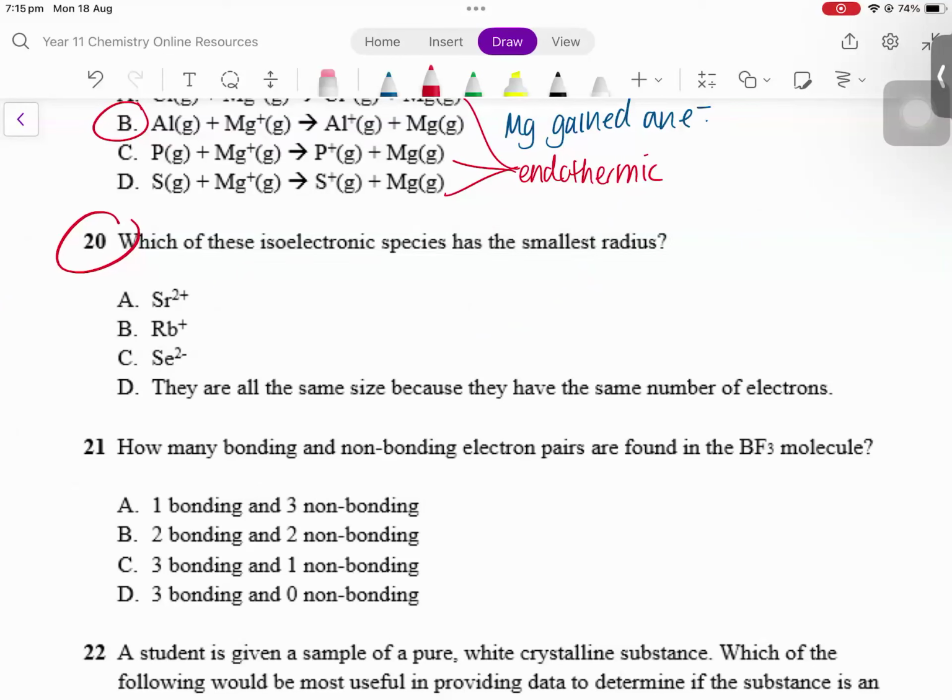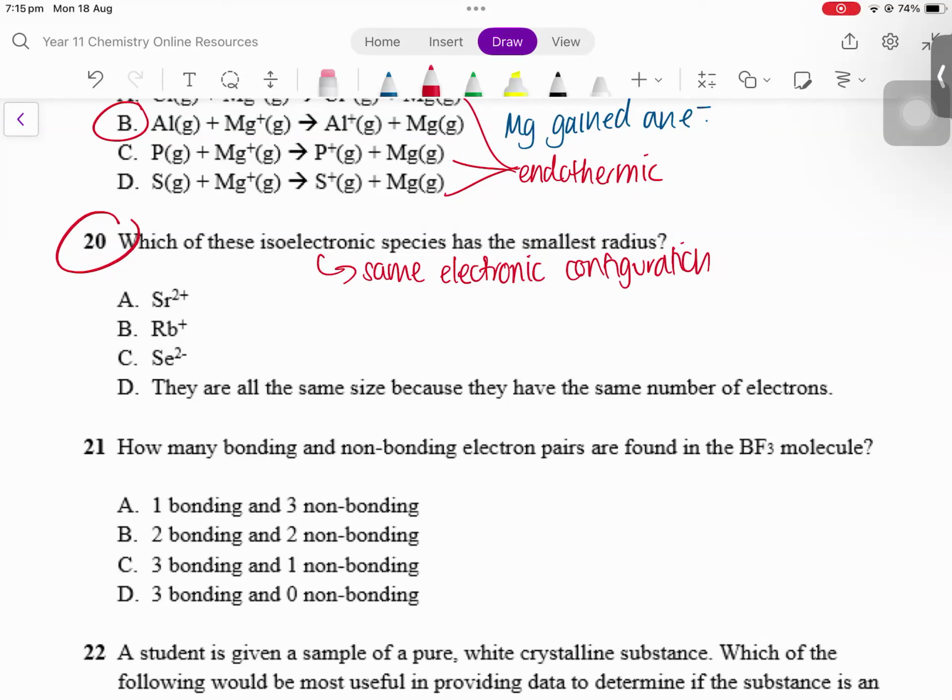Question 20, which of these isoelectronic species has the smallest radius? Isoelectronic means that it has the same electronic configuration. And electronic configuration depends on the number of electrons.